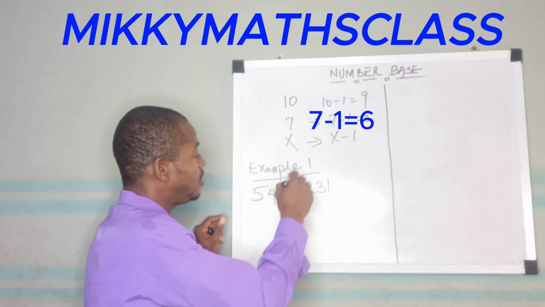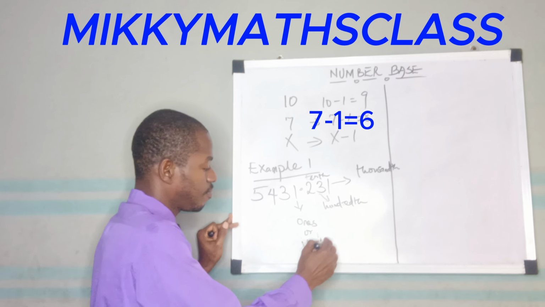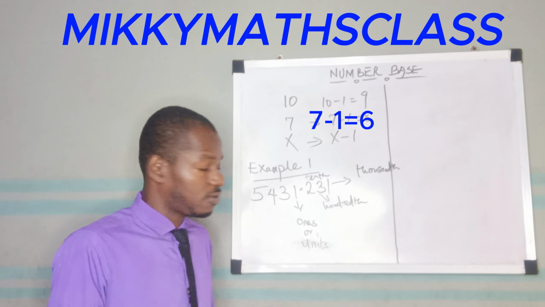Now, before the decimal point, the first digit there is called the ones, or the units. Then the next one is called the tens.